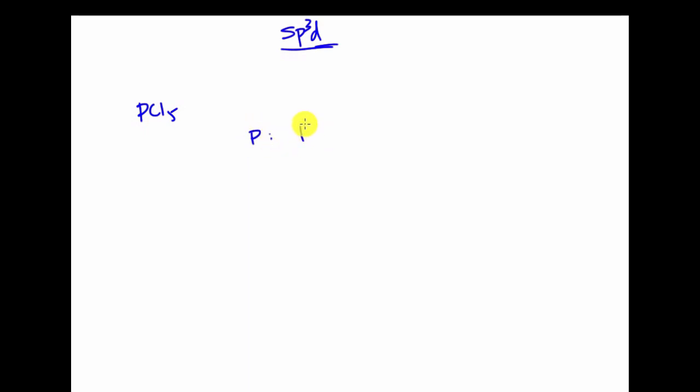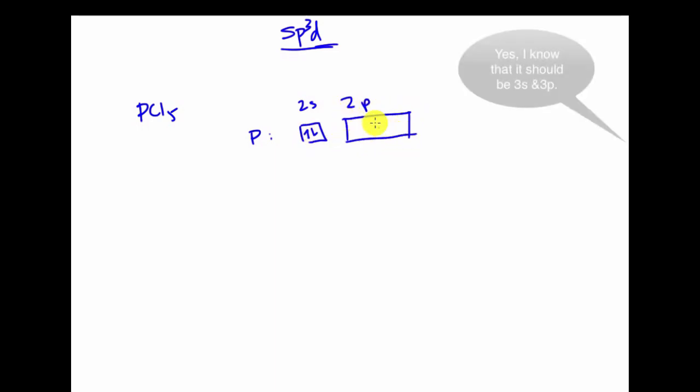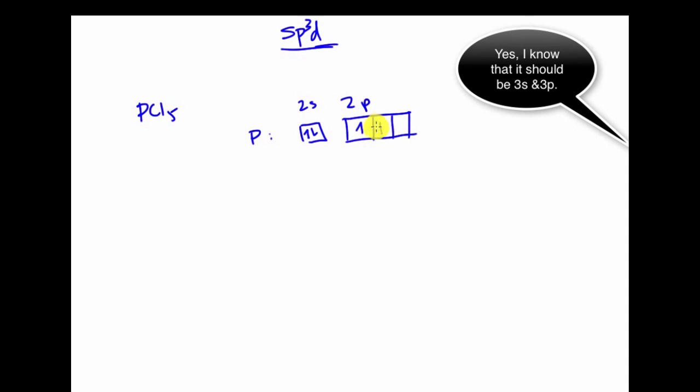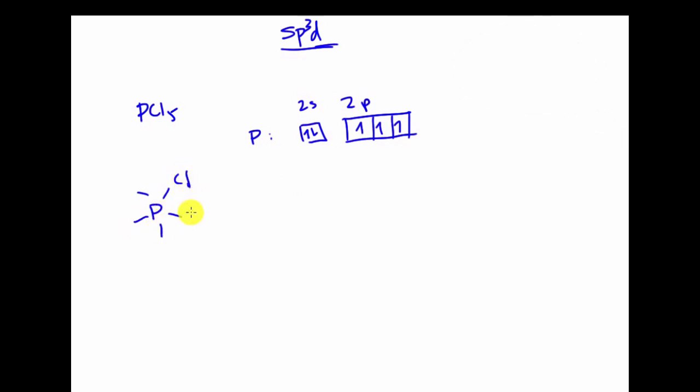Okay, so for phosphorus pentachloride, we're going to look at the structure for phosphorus. Phosphorus has 5 valence electrons, so we're going to go ahead and put these in its second energy level. So second energy level, 2s, 2p, and we just do 1, 2, 3. Now to get this phosphorus pentachloride to work, we need to get a trigonal bipyramidal structure, something that has 5 bonding areas that are the same.